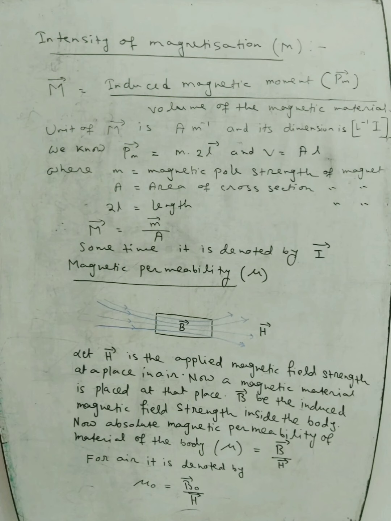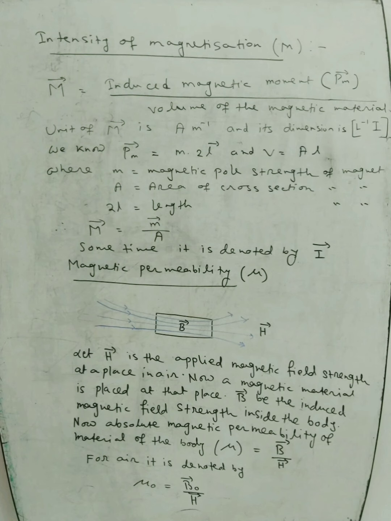That's why we can say the intensity of the induced magnetic field inside the magnetic material is greater than the intensity of the magnetic field outside the magnetic material. Let the intensity of the induced magnetic field inside the magnetic material be B. Now the ratio between B and H is known as the absolute magnetic permeability of that magnetic material.